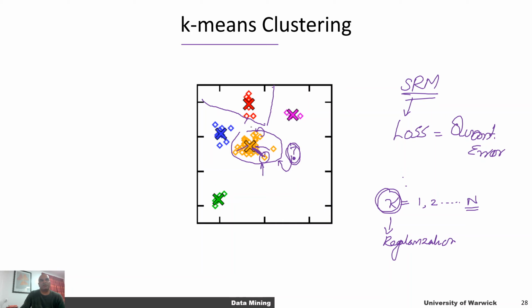I'm not doing a very good job here, but you get the idea, I hope. Okay, and these are the different areas where any point over here will belong to the yellow cluster, and any point within this region is going to belong to the blue cluster, and so on.